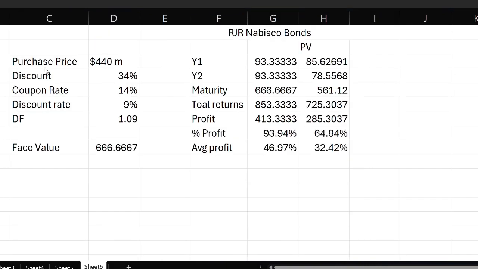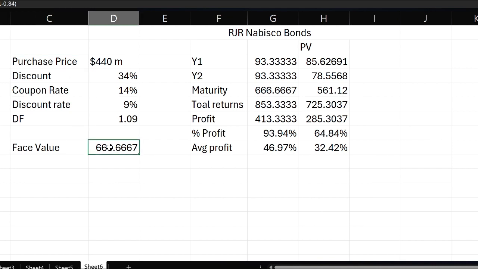Coming to this Excel sheet, Warren Buffett has invested in junk bonds at the price of 440 million, whereas the real face value is at a discount of 34 percent.